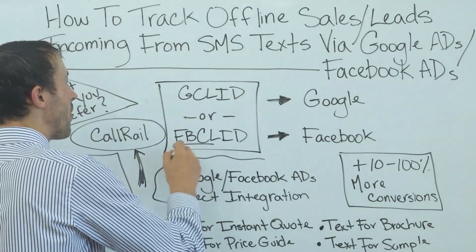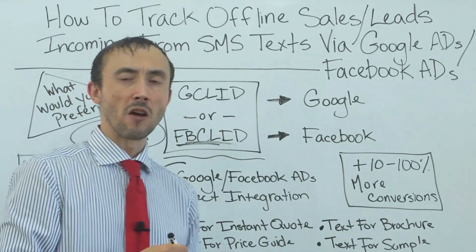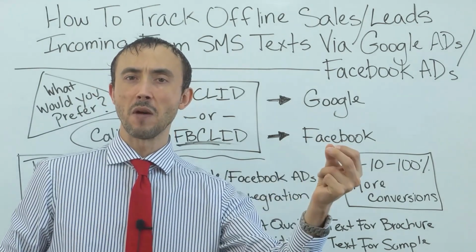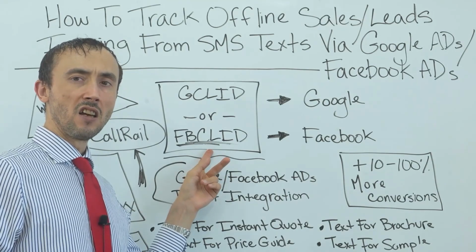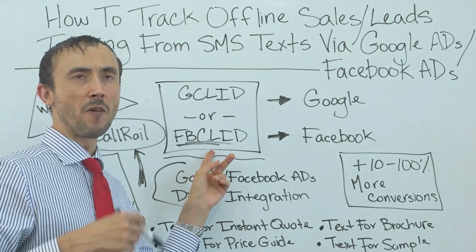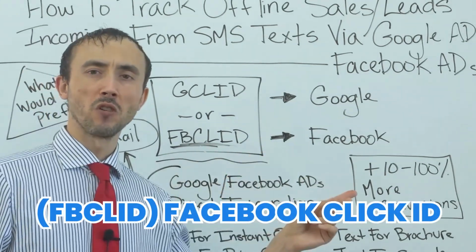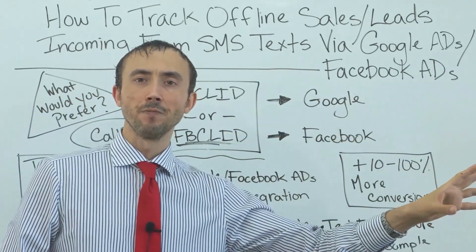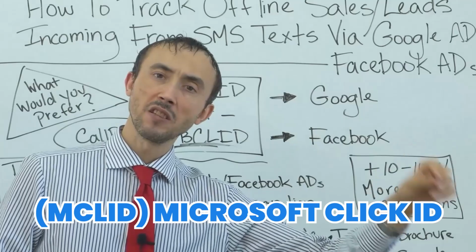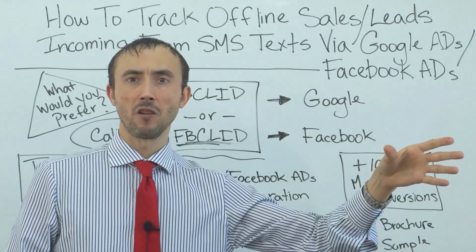And then for Facebook sales tracking that originates from an SMS message, it's the same thing. Instead of a Google Click ID, if the user came from a Facebook ad originally, it'll be a Facebook Click ID, FBCLID. And if it came from a Microsoft ad, it's going to be MSCLKID, the Microsoft Click ID.